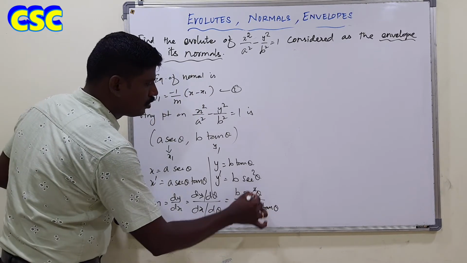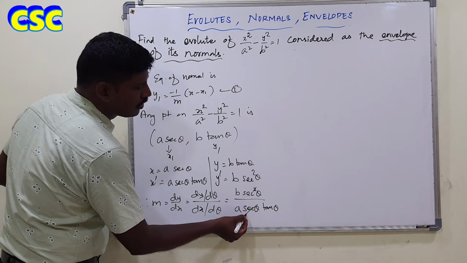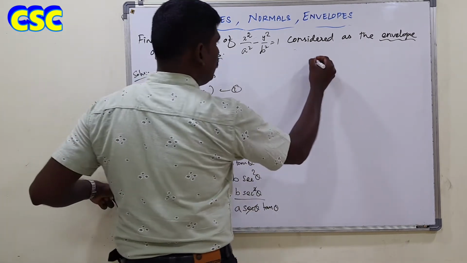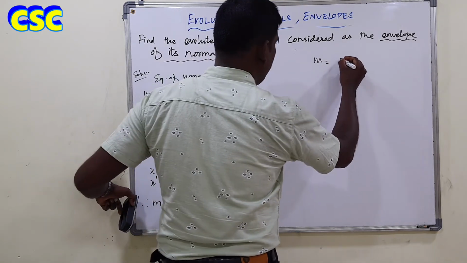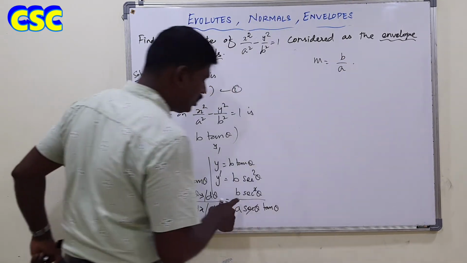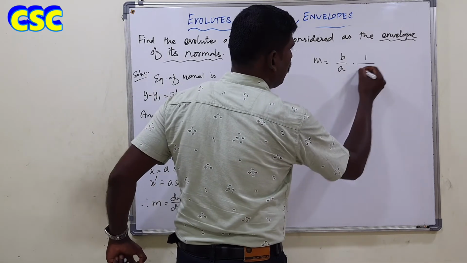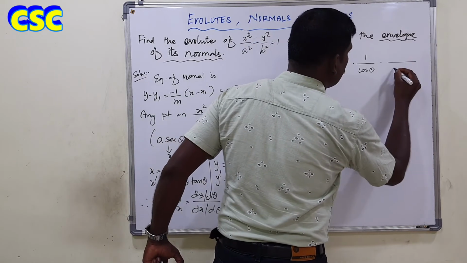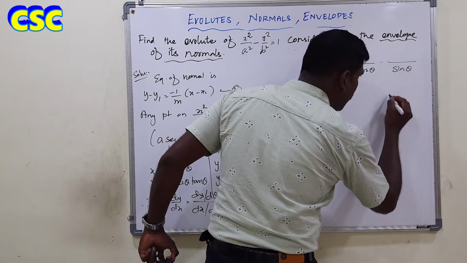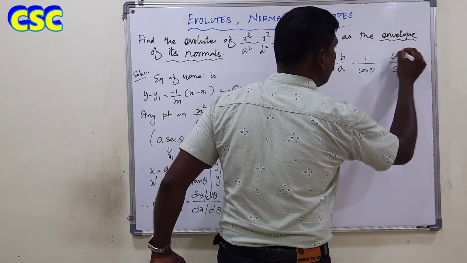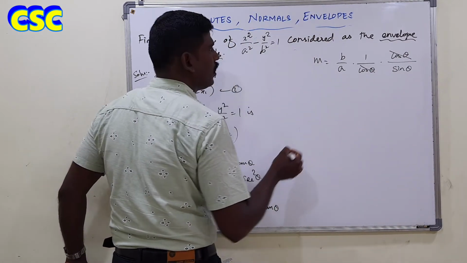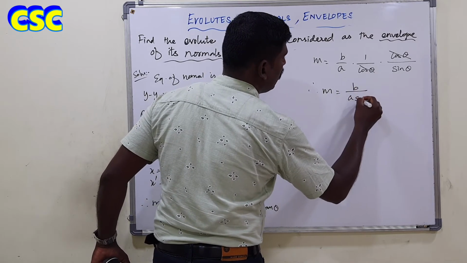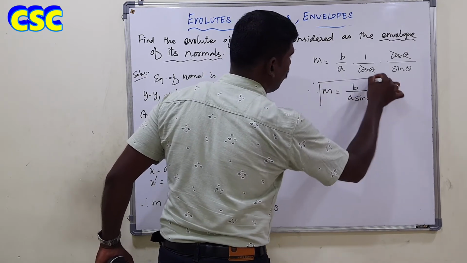So this secant square theta cancels with this secant theta, and the numerator becomes secant theta. Simplify this, what you get? M equal to b by a into secant theta, which can be written as 1 by cos theta, into 1 divided by tan theta, that is sin theta by cos theta. That cos theta goes to the numerator, so we can cancel these two cos theta. So m is equal to b by a sin theta.